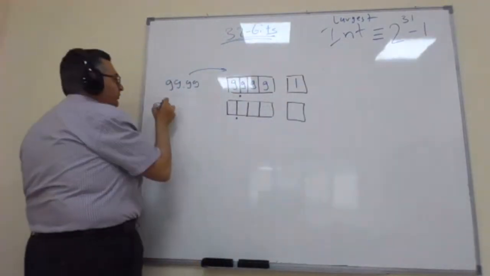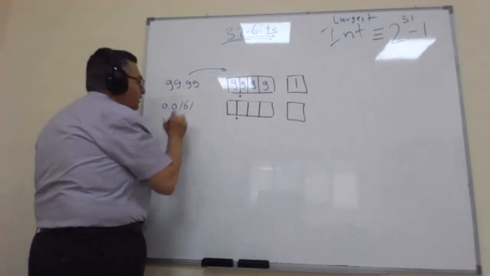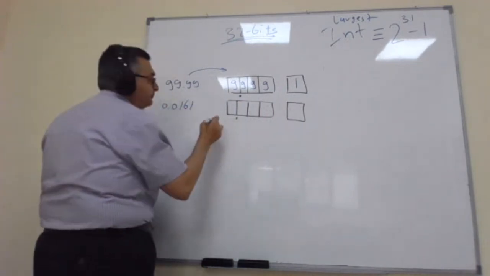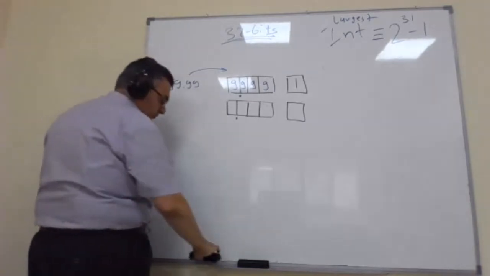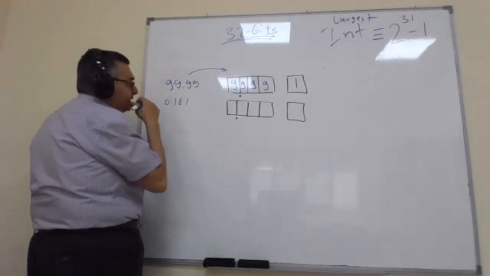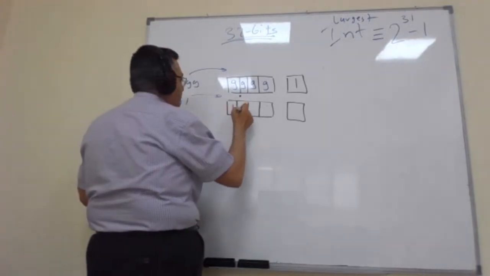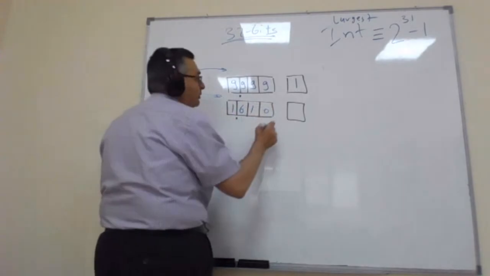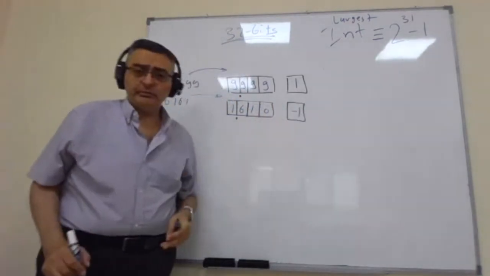The value 1. طيب the 0.0161 will be point 0 and point 161 will be represented as 1610. والexponent بتاعها بكام؟ 1 -1.